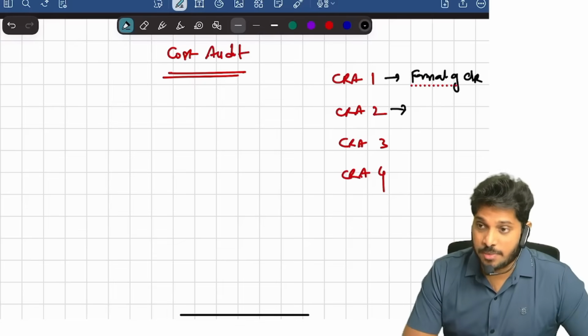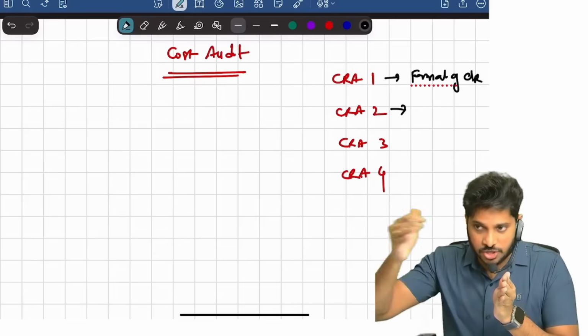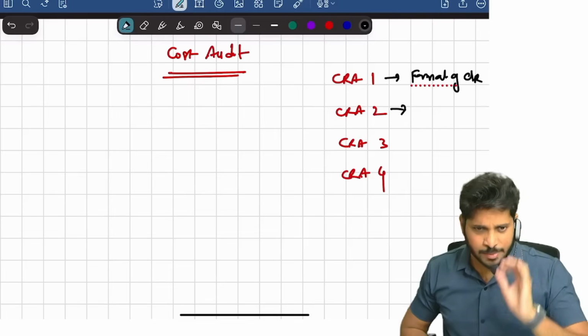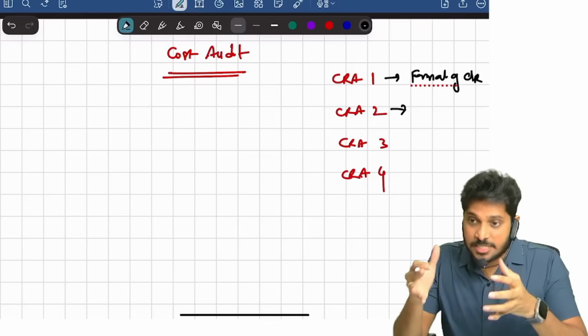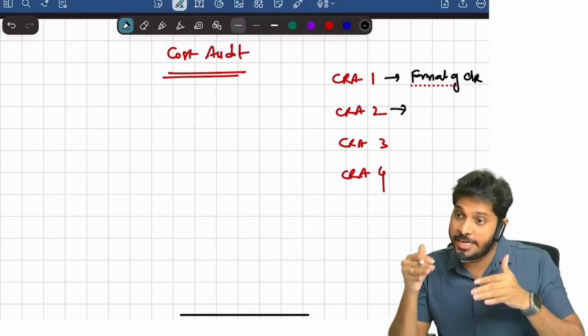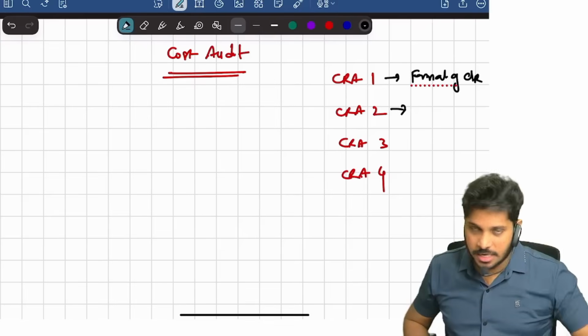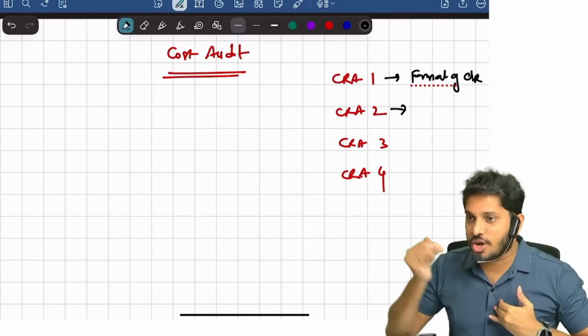CRA 2 talks about when a company appoints a cost auditor. Once they have appointed, they need to intimate the central government: dear central government, we appointed a cost auditor.